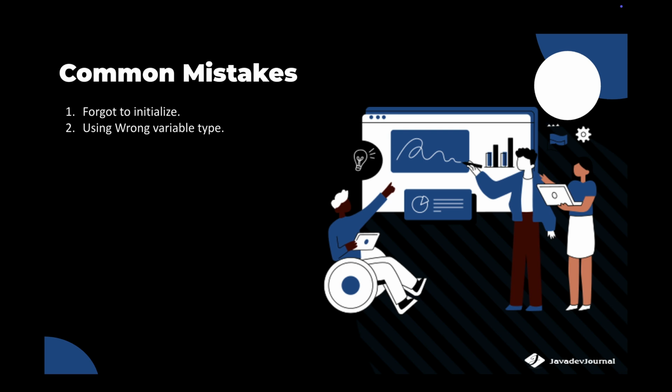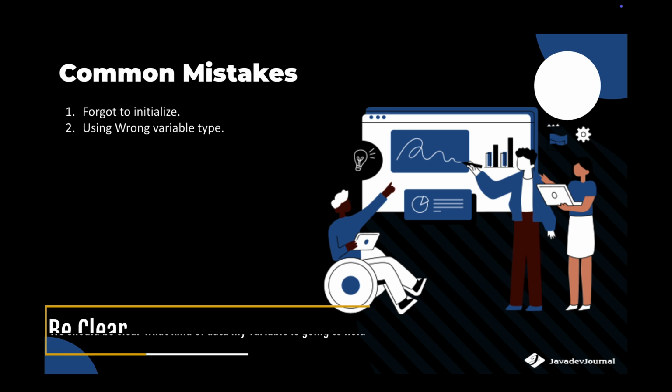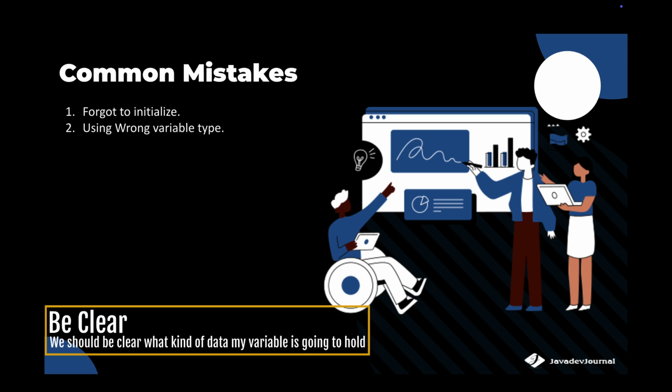Normally you declare integers because you want to run some calculations on them, but a string is not meant for calculation. Similarly, you want to store decimal numbers because that's your requirement, but you have declared your variable as an int. That is not going to work for us. So you have to be clear, when thinking about variables, what kind of data the variable is supposed to hold, and based on those requirements, you should define your variable type.